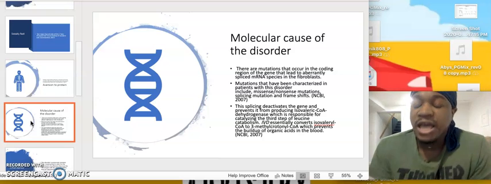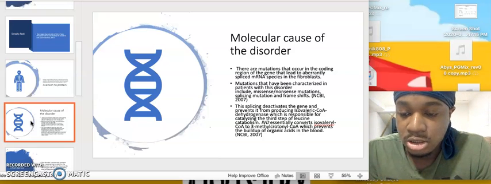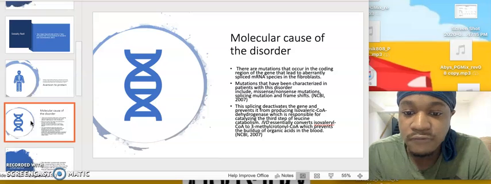So essentially, the IVD gene converts isovaleryl CoA to 3-methylcrotonyl CoA, which prevents the buildup of organic acids in the blood.